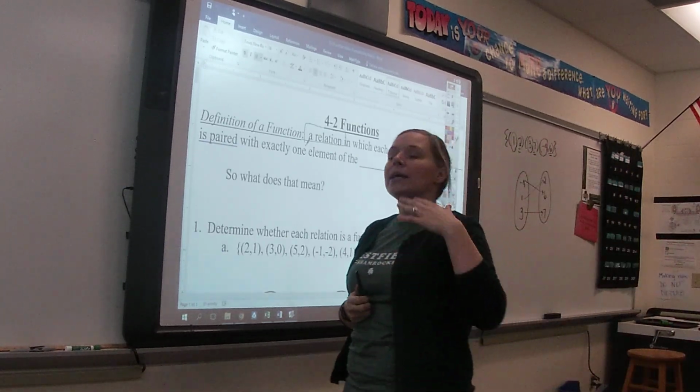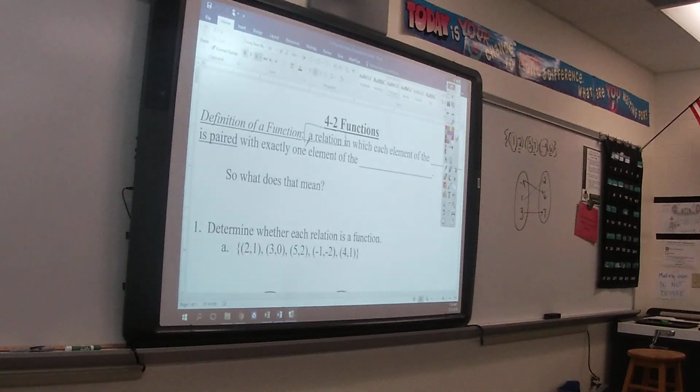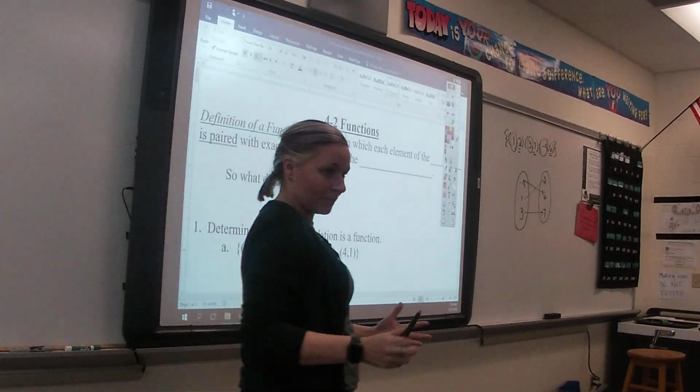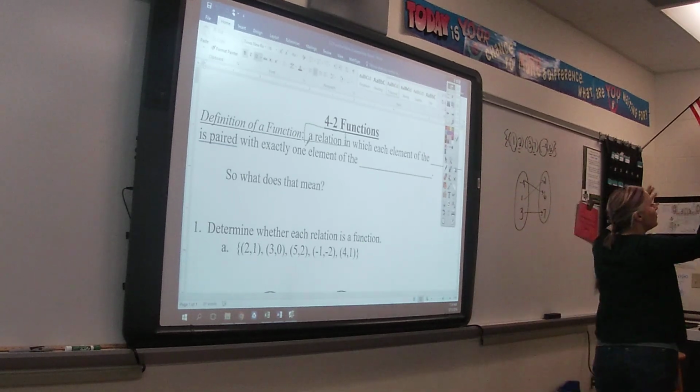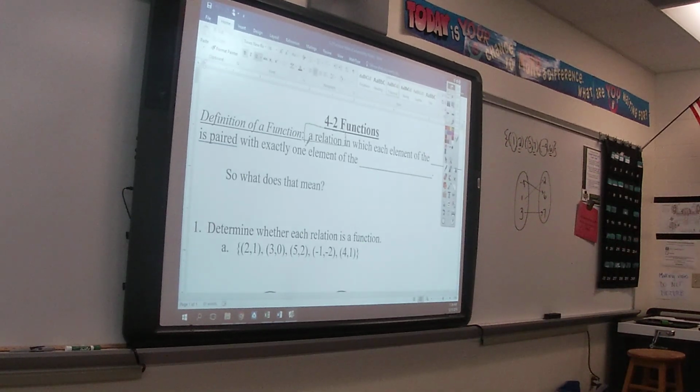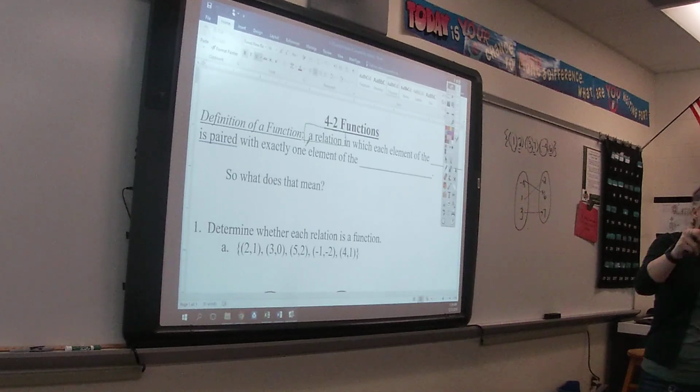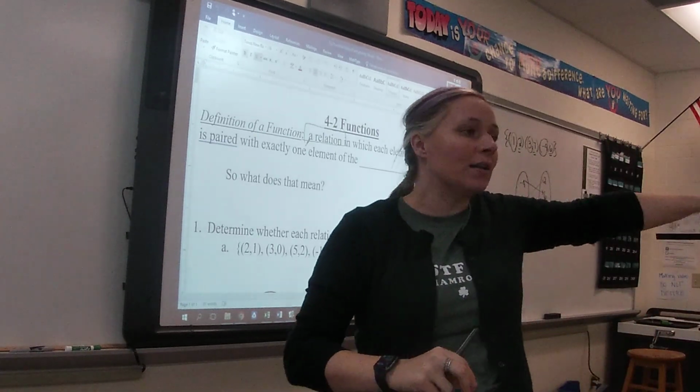Okay, so if I say go to the store and buy milk, what type of milk might you purchase? Skim, chocolate, 2%, almond, vanilla, whole, goat, soy. All these different types of milk you can purchase. If I say go to the store and buy 2% milk, you're not buying chocolate milk.